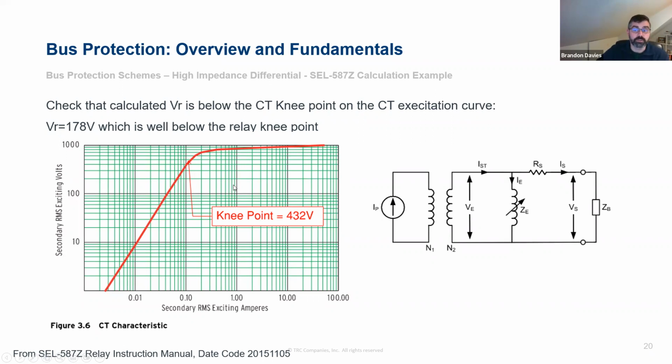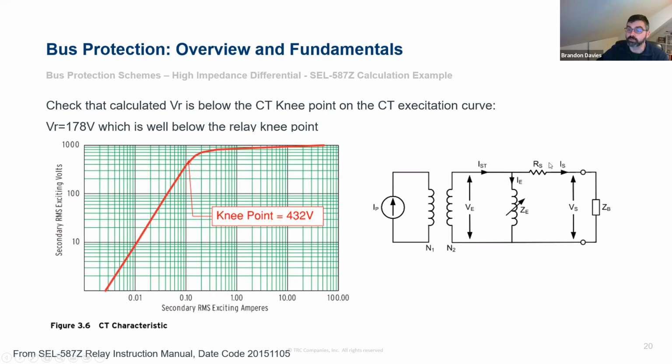So in general, what this tells us is, there's going to be a limit on how much voltage this CT can produce as an excitation voltage, and therefore you're going to have a certain amount of voltage you can produce as your voltage across your relay here.